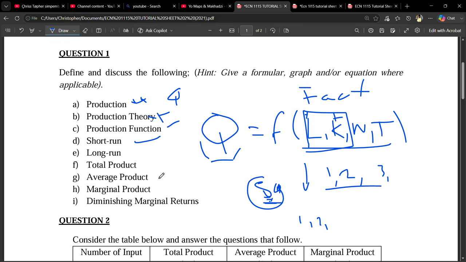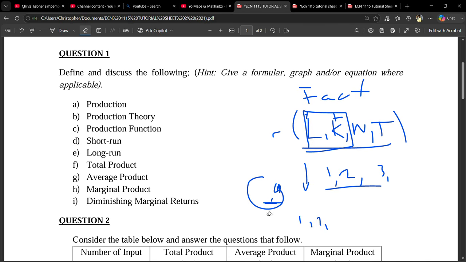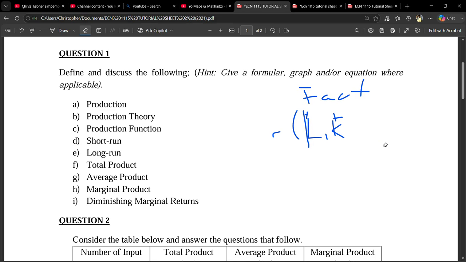We move on to total product. What do you think total product is? Total product is simply the quantity that has been produced. It comes from the production function.